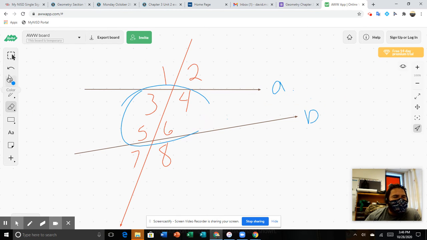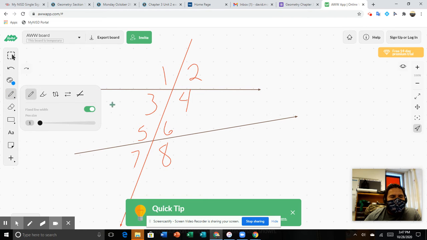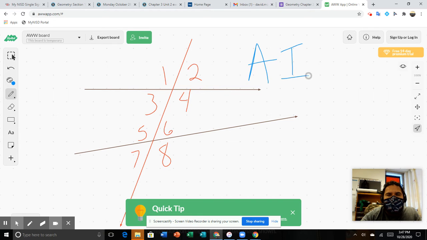So we know these are our interiors, and alternate interior, AI, is what I like to say means they're on opposite sides and they're on the inside. That's what alternate interior means.